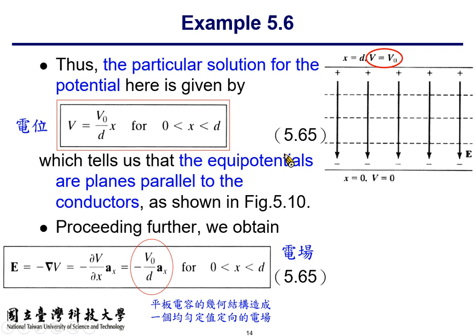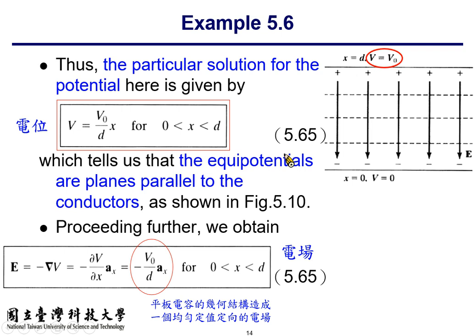So the voltage V equals V sub 0 divided by d times the x coordinate, x. And note that this is only valid for x greater than 0 and x smaller than d.